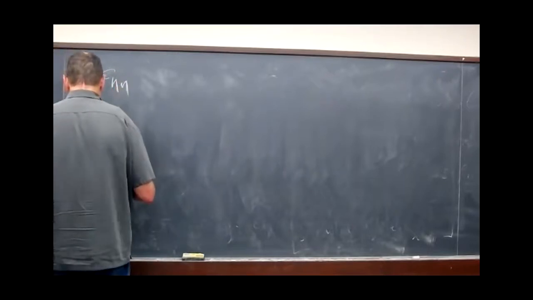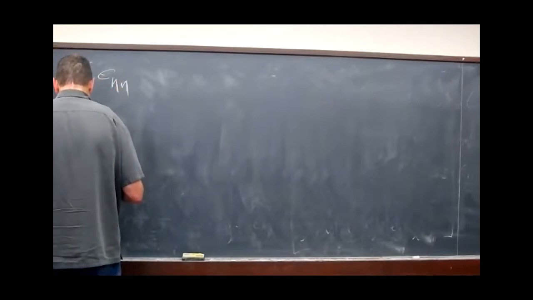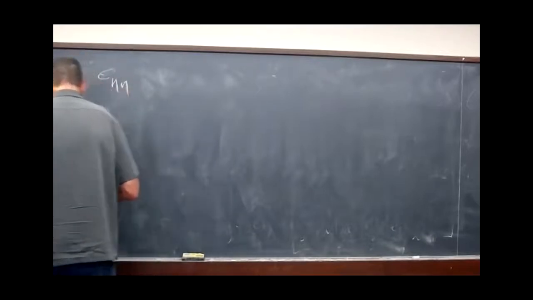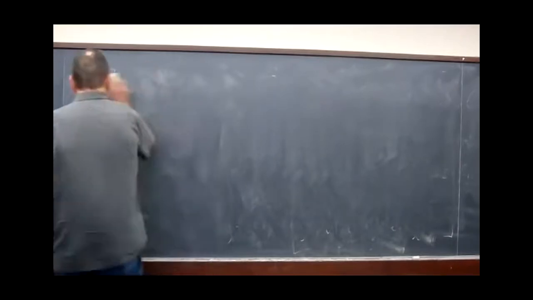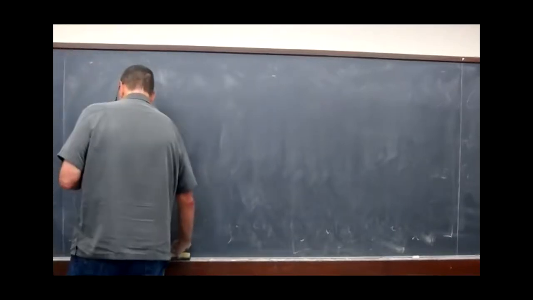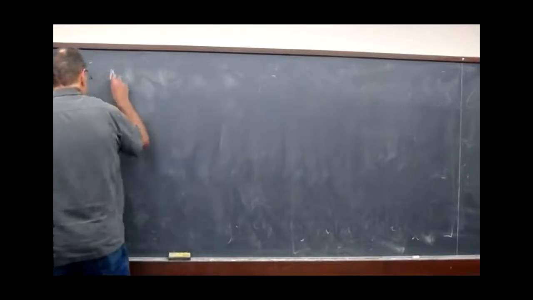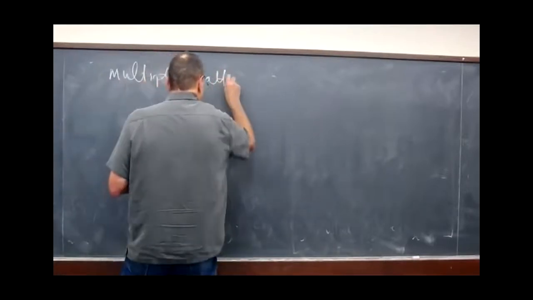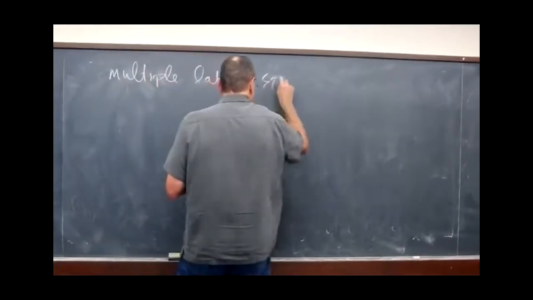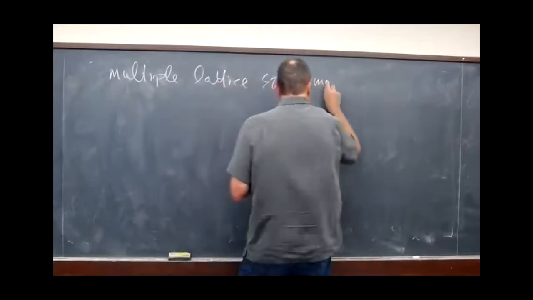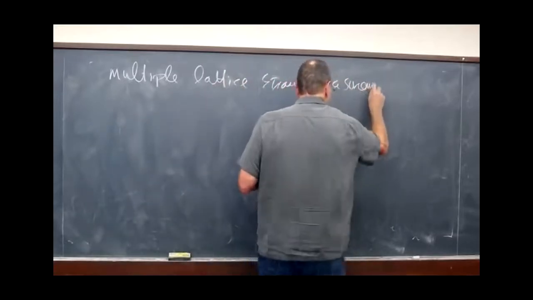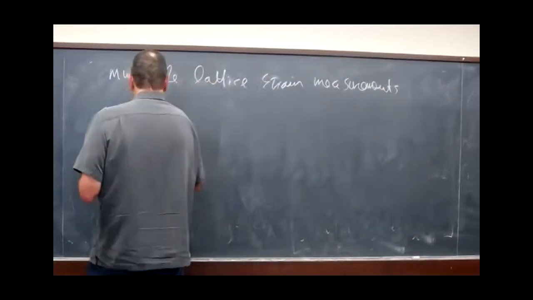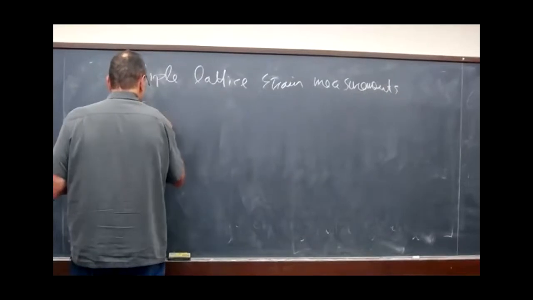So, multiple lattice strain measurements. We'll call it epsilon n, and we're going to use a comma.